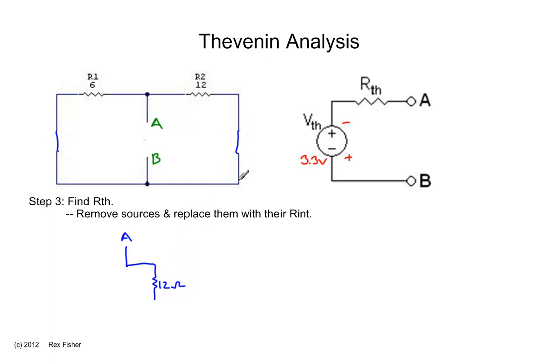As we follow the wire along, we get back to B. On this side, we get to a 6 ohm resistor. And the resistor connects to point B with a wire.